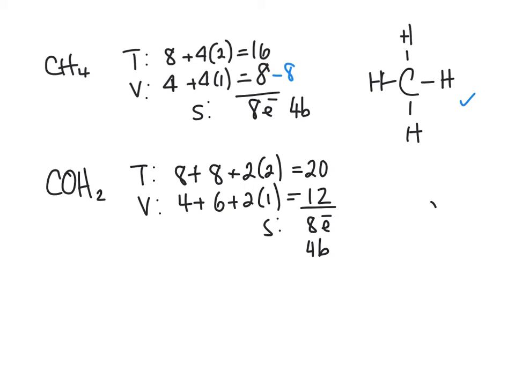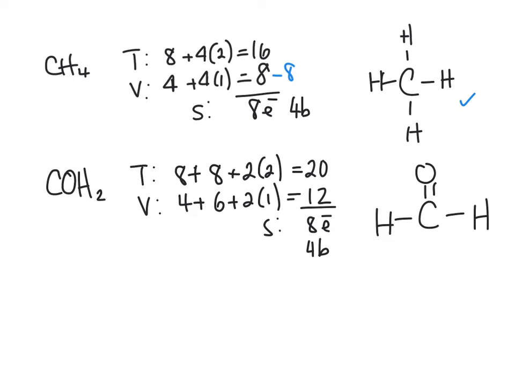Carbon is in the middle. So if you do this, we can see that we've only got 3 bonds. Hydrogen can't make any more, but oxygen can. So there's your 4th bond.